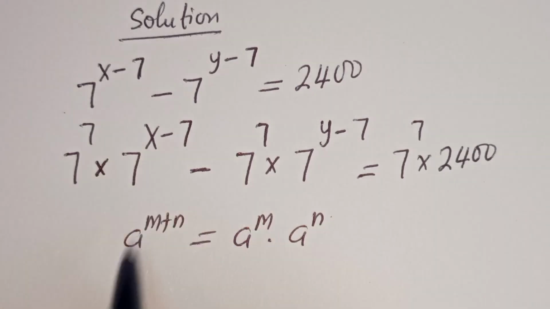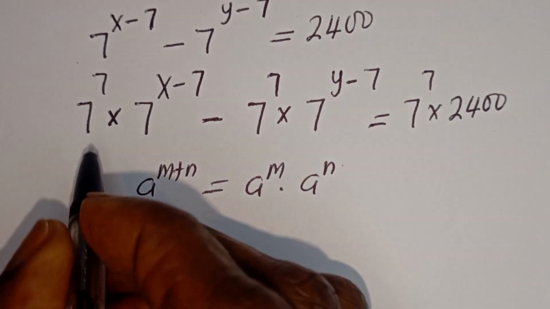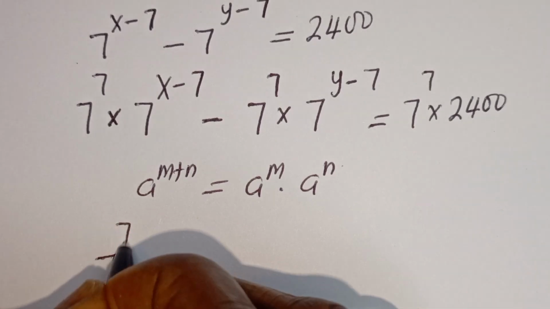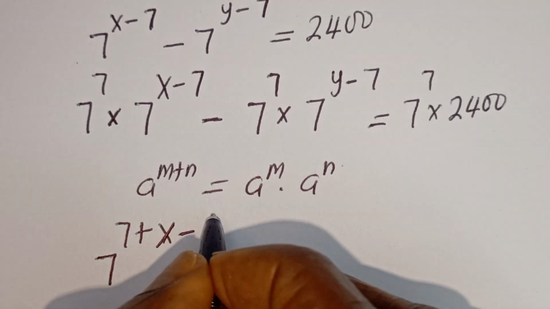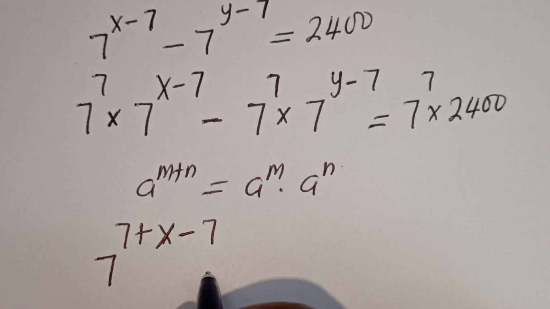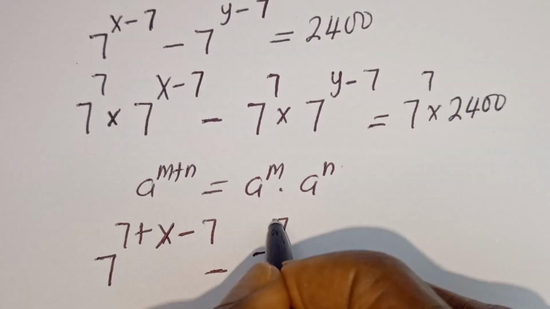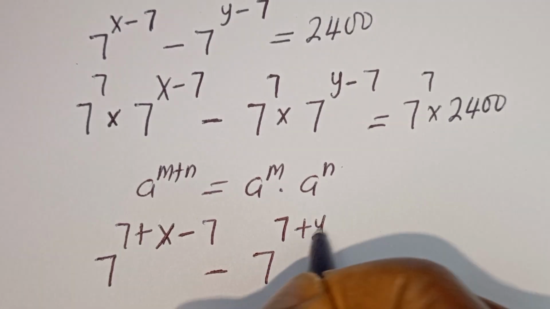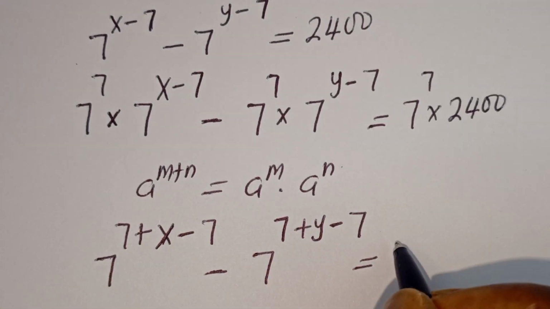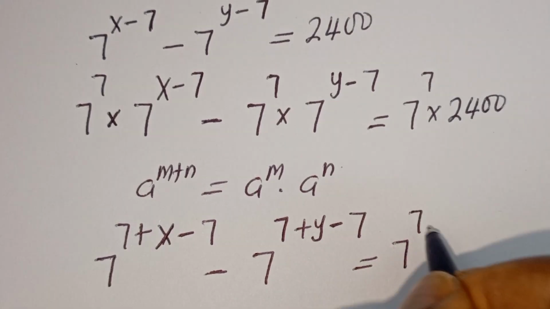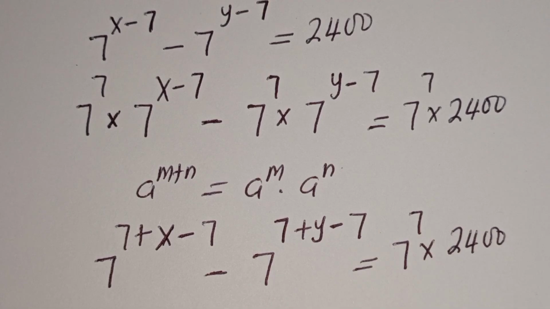Then this can be written as 7 to the power of 7 plus x minus 7, minus 7 to the power of 7 plus y minus 7, is equal to 7 to the power of 7 multiplied by 2400.